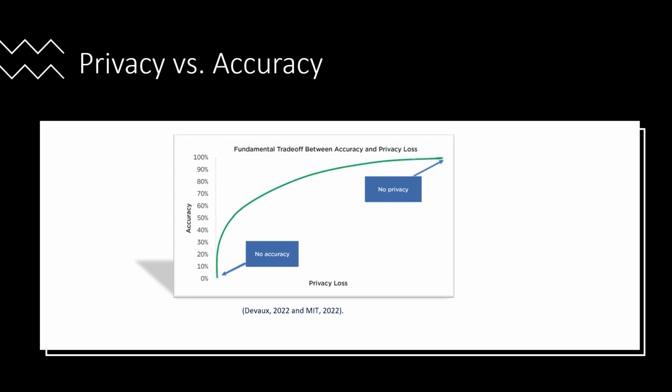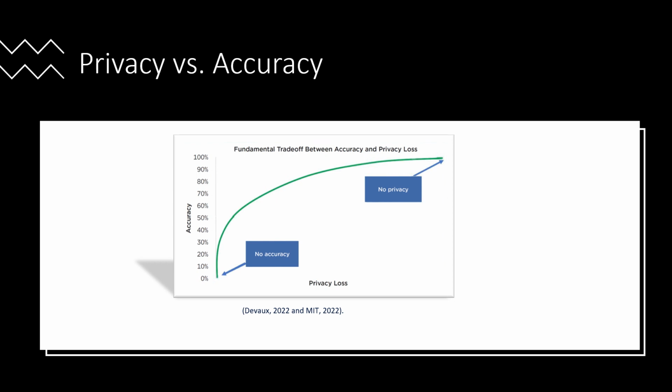Imagine you're a data analyst working with a data set of medical records. You want to find out how many people in the data set have a certain condition, but you also want to make sure that no one can identify any specific individual based on the results. If you add too little noise to the data, you might get a very accurate count, but you risk exposing sensitive information about individuals.